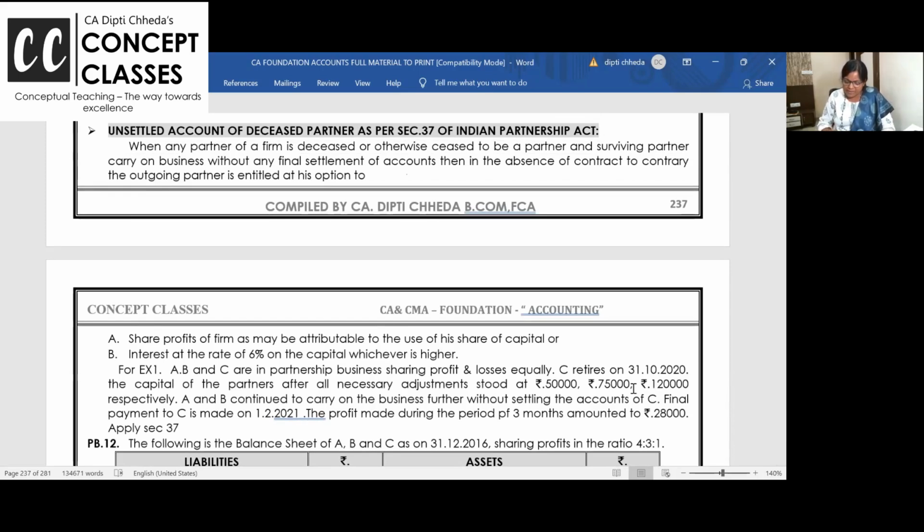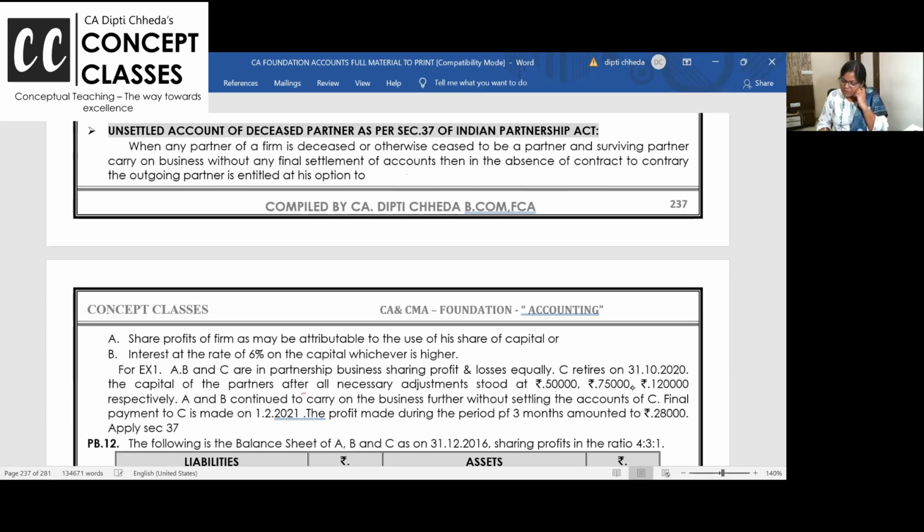You must have read it in law, the Indian Partnership Act 1932, section 37. He can take the option of share of profit as may be attributable to use of his share of capital, or interest. A, B, C are partners, and I explain with this example. Capitals, after all the adjustments, reserves, P&L, GLP, just before the retiring or deceased partner is going out, are this.